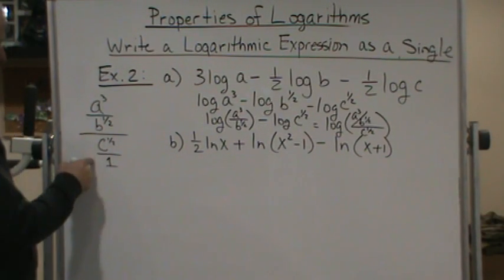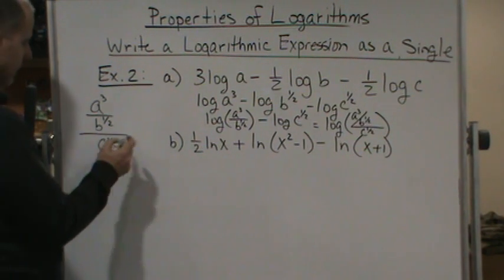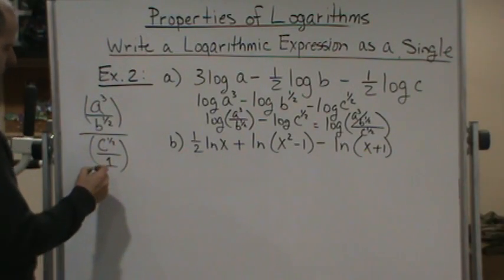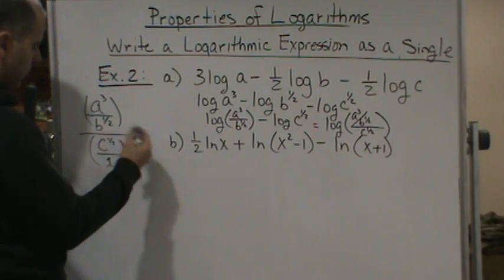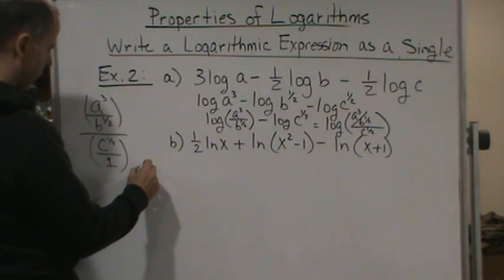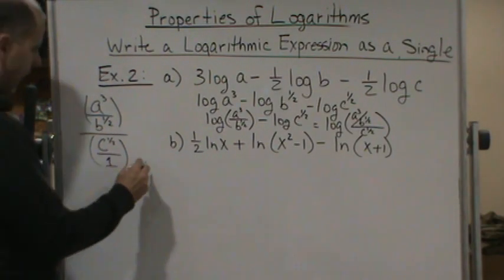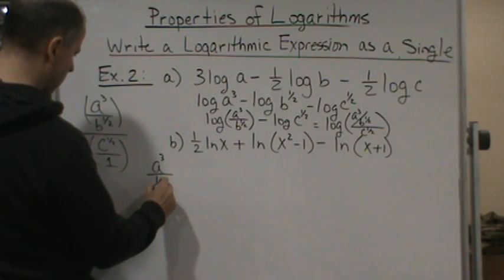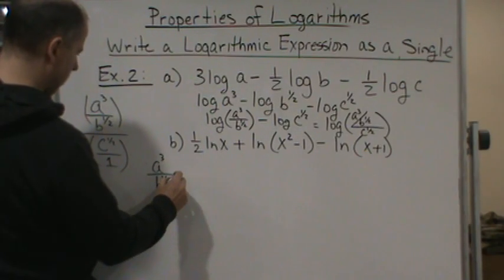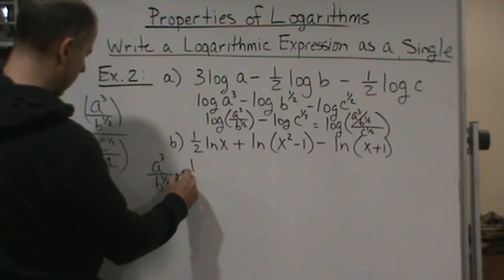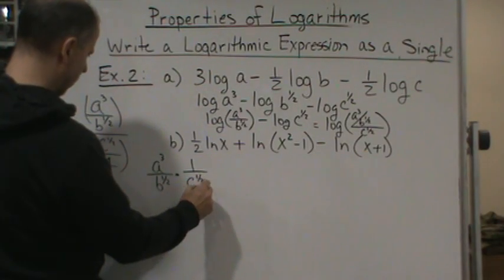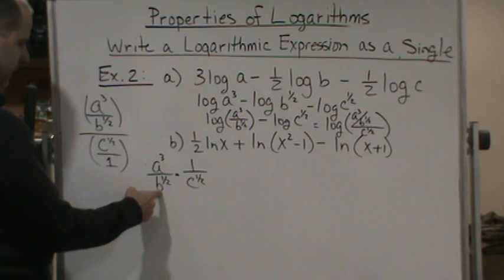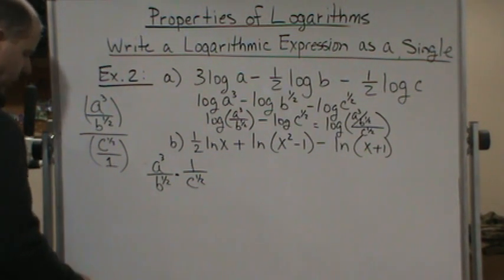So I've got a fraction divided by a fraction, and instead of this divided by this, I can write a multiplication by the reciprocal of the bottom. So it's a cubed divided by b to the 1/2 times 1 over c to the 1/2. So the c to the 1/2 power ends up in the denominator with the b variable.